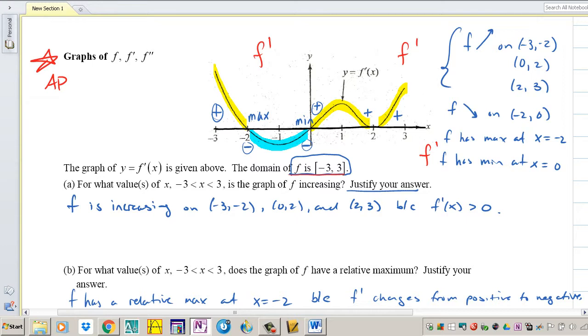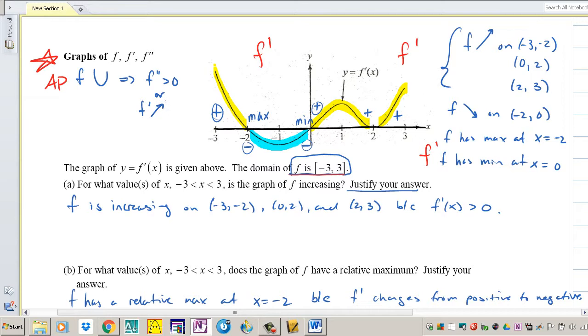Okay, what does it mean for a graph to be concave up? So f is concave up when f double prime is greater than 0, or another way to explain this, is when f prime is actually increasing, not positive.